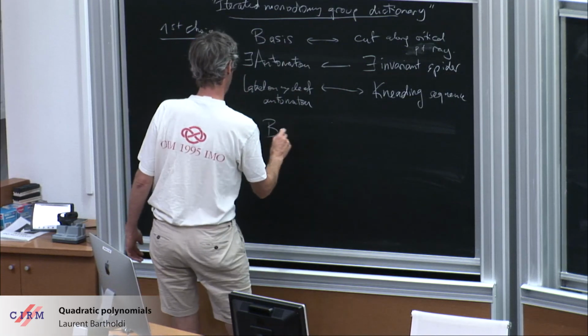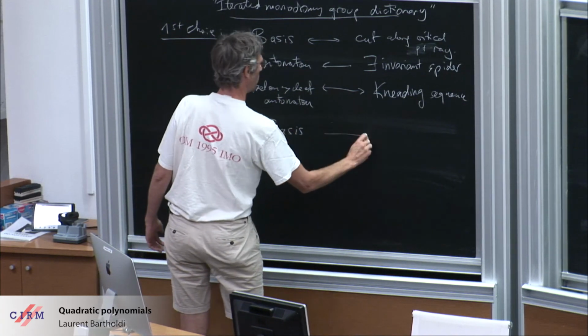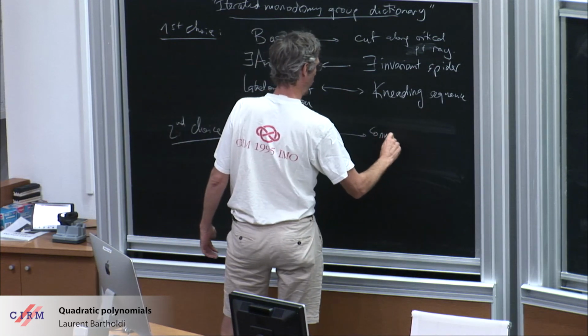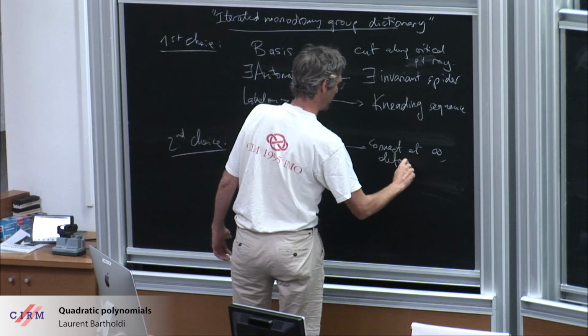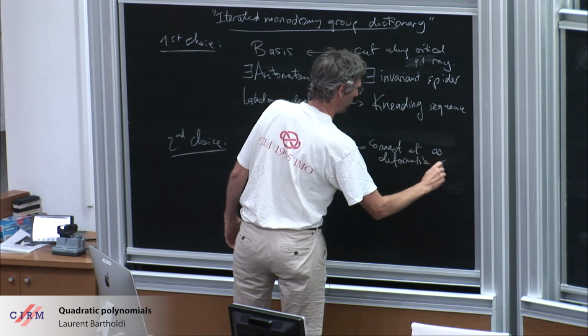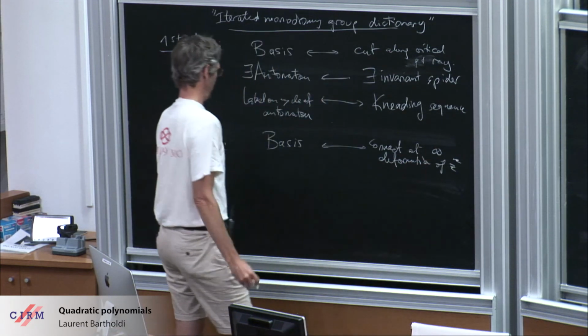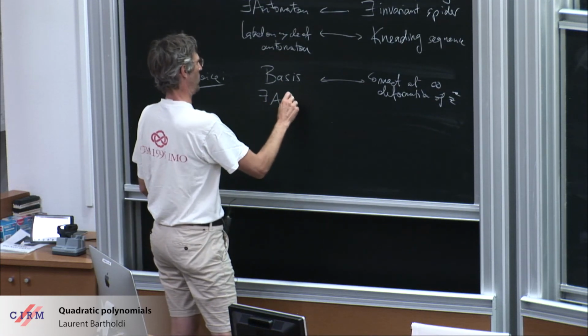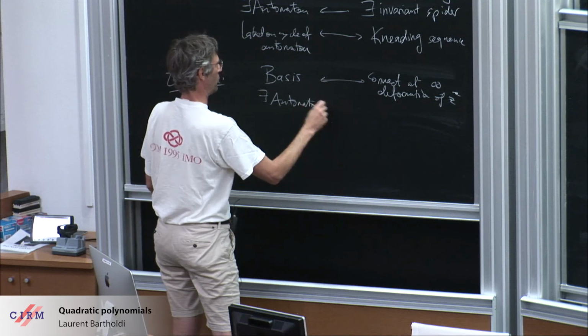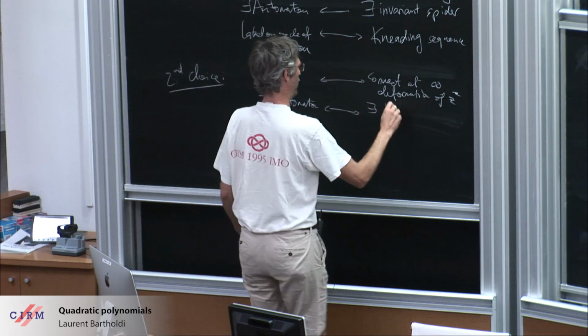Basis will be connected at infinity. So we're thinking about the deformation of the quad. And then the existence of an automaton is really the existence of a Hubbard tree.